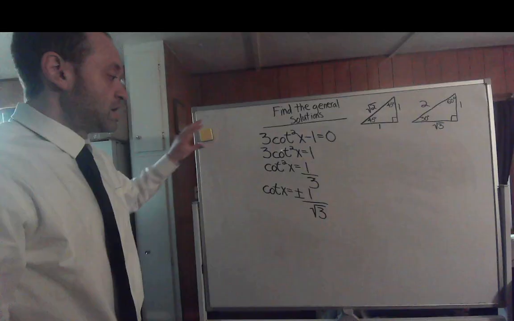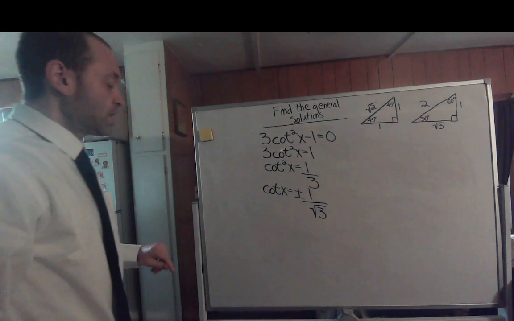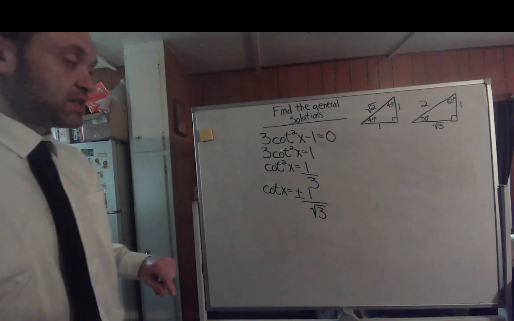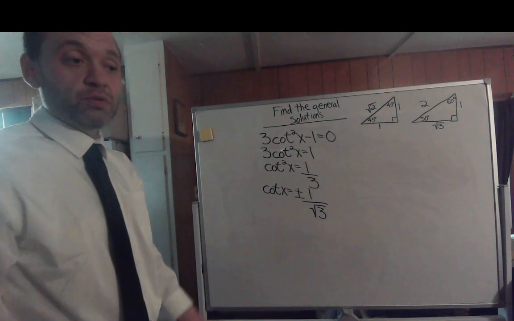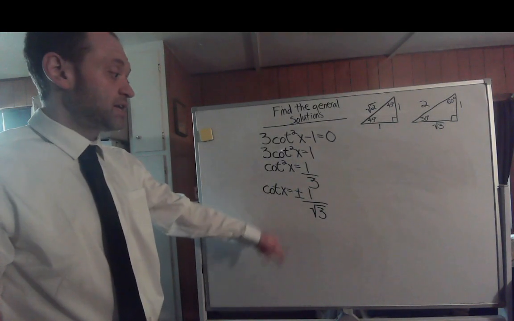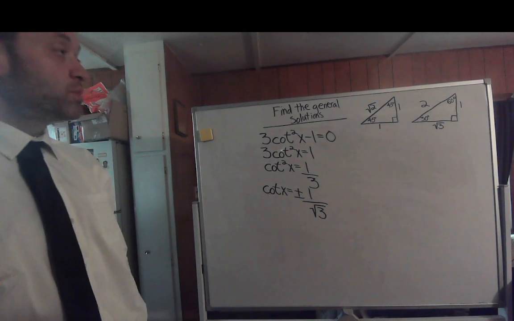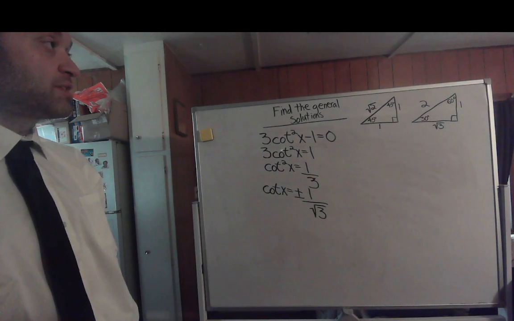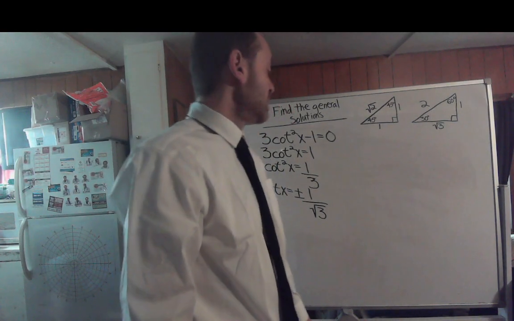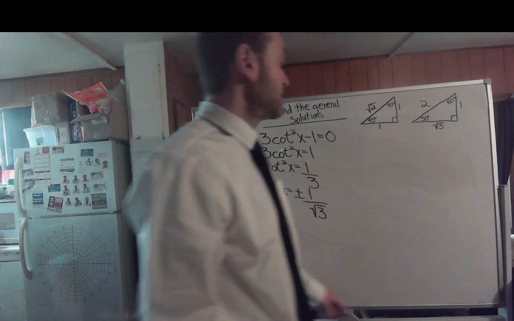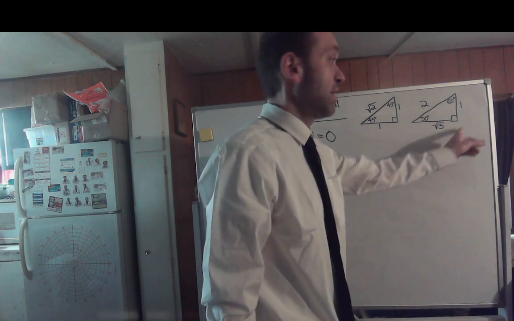Okay, well, this is going to be based on where the cotangent equals either positive or negative 1 over the square root of 3. If we look at our 30, 60, 90 right triangle, this would end up being based on a 60-degree angle.